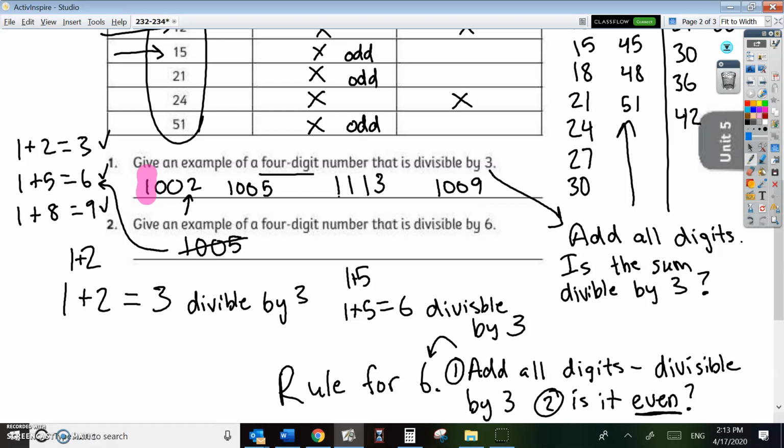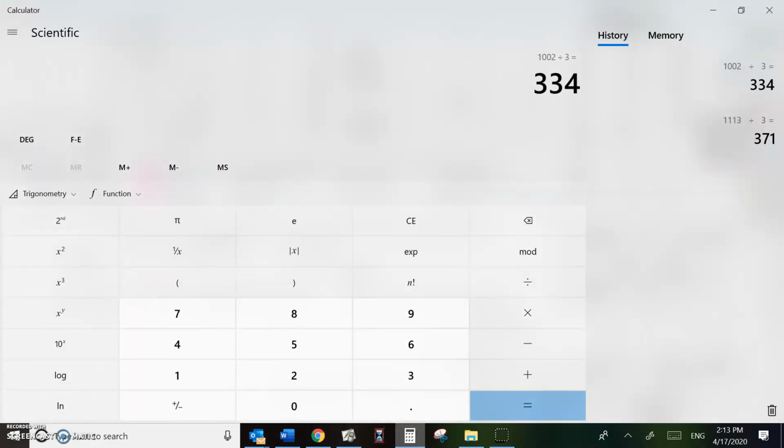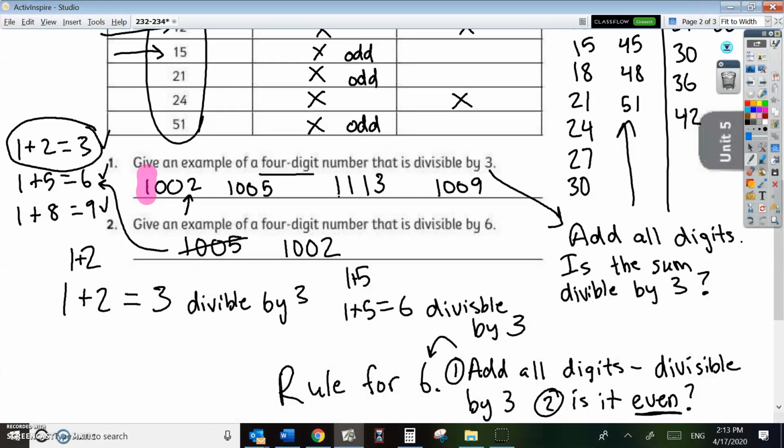How about 1002? Will that work? It's divisible by 3. Okay, is it also even? Yes, it's even. So 1002 is divisible by 6, and let's check. 1002 divided by 6 equals 167. Okay, great.